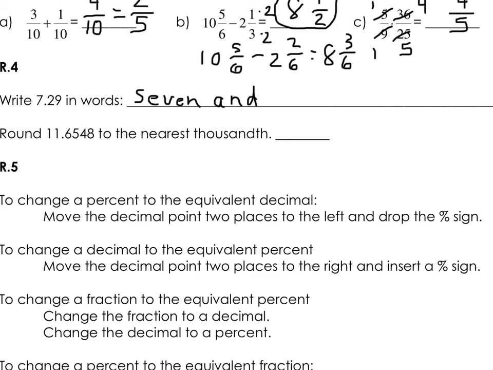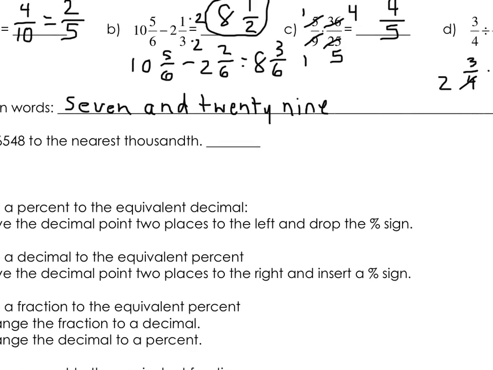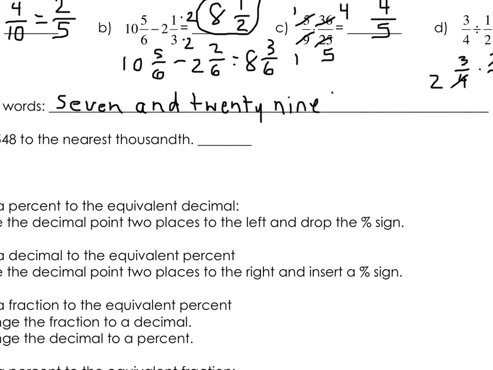So we have 7 and 29 hundredths, with that THS on the end. 29 hundredths. 7 and 29 hundredths.